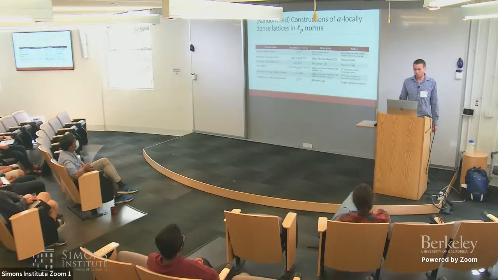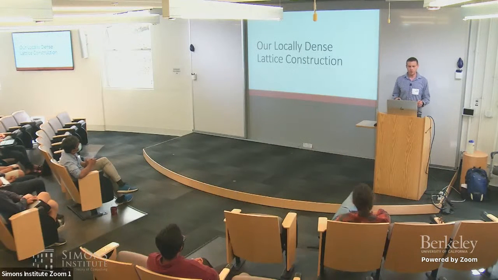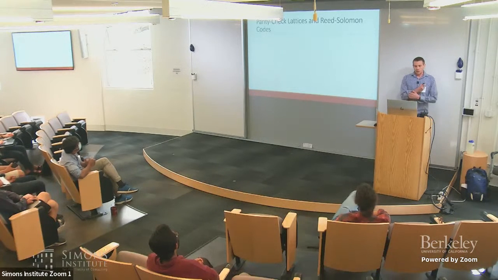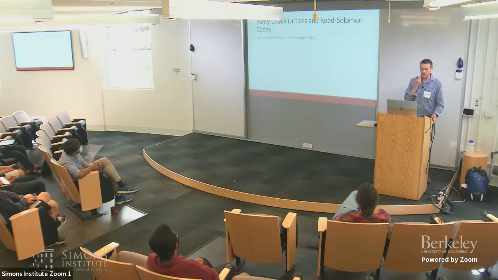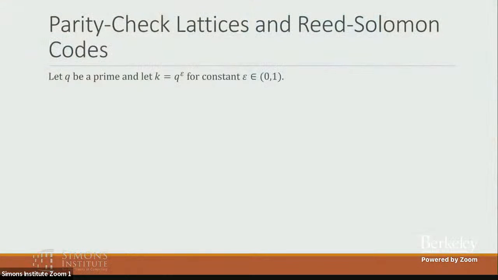Cool. So let me tell you about our locally dense lattice construction, the last line of the table. You need a little bit of notation, but hopefully not too bad. Fix Q to be a prime and let K be some small polynomial in Q, like Q to the 0.01.